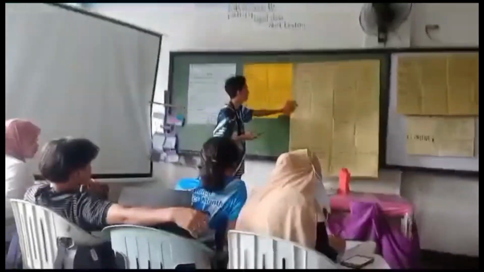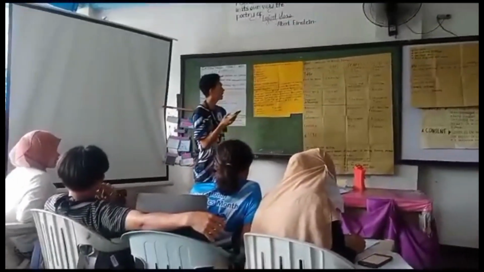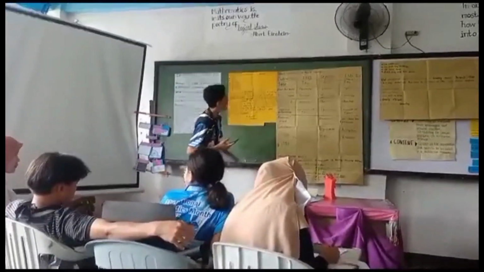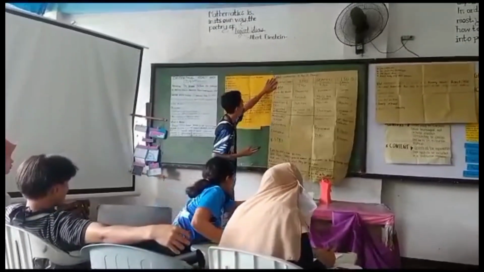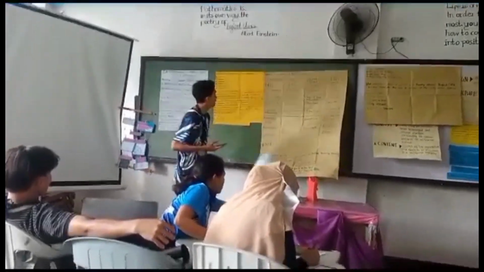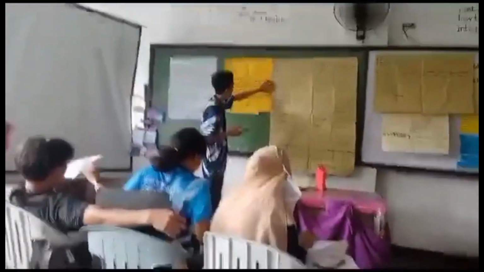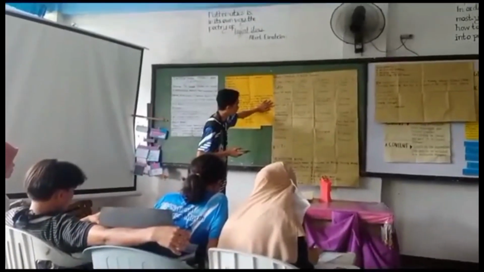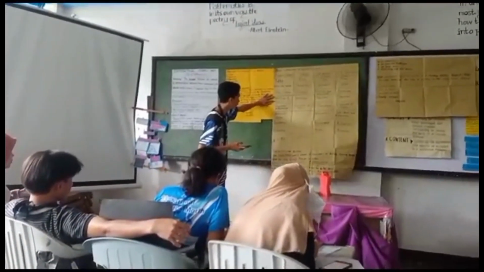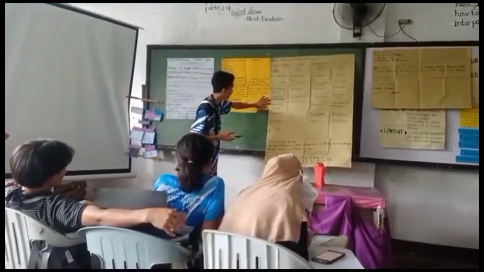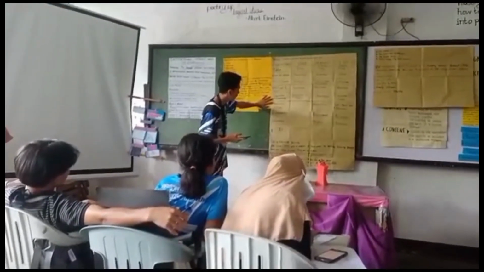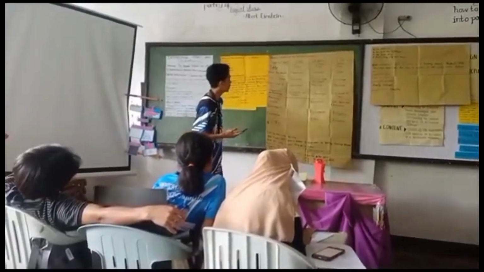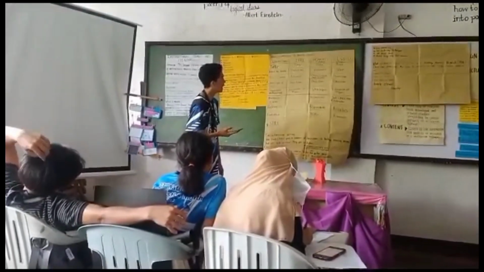Let us see table one so we can see the four module formats. The first format includes the title of the module, topic of the lesson, objectives and topics, suggested methodology, materials or visuals, reference, and evaluation.